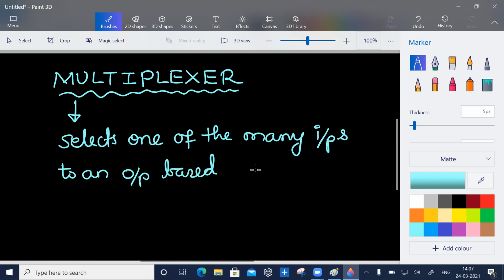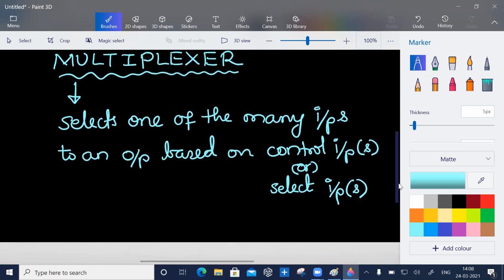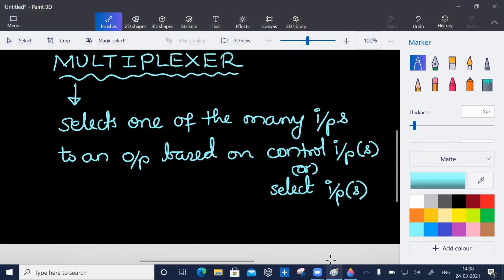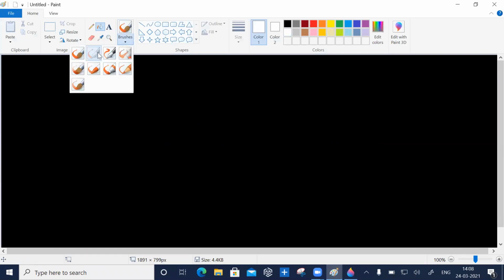But this selection is based on control input or inputs, sometimes I would say select input or inputs. So a multiplexer selects one of the many inputs, connects it to an output, and this selection will be based on control inputs or select inputs, and that's the story. Nothing more than that.